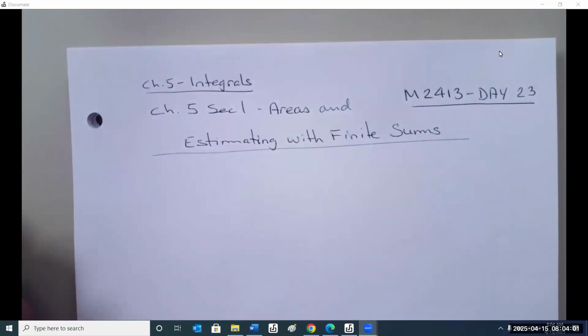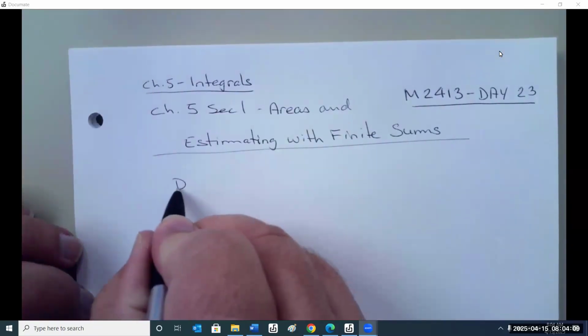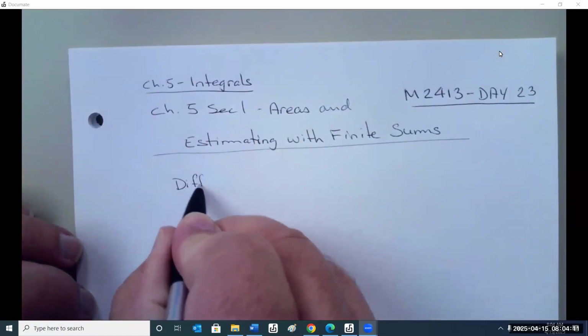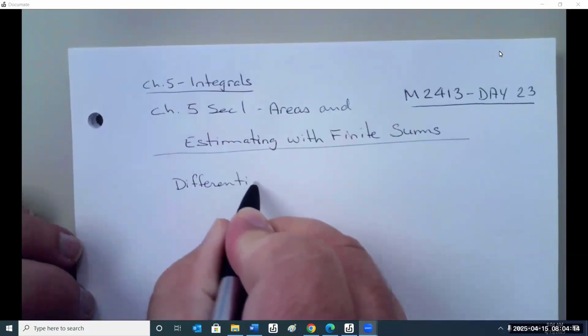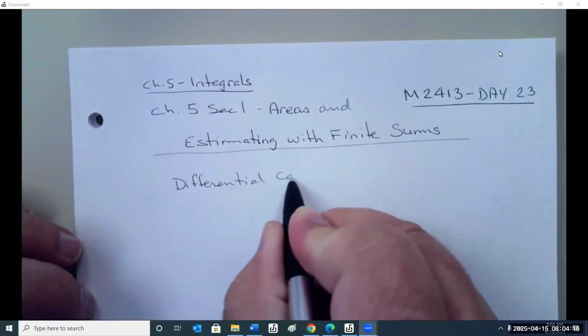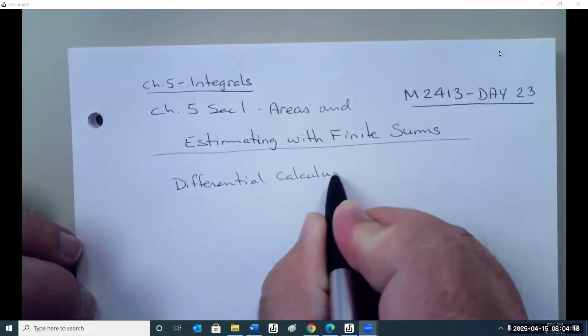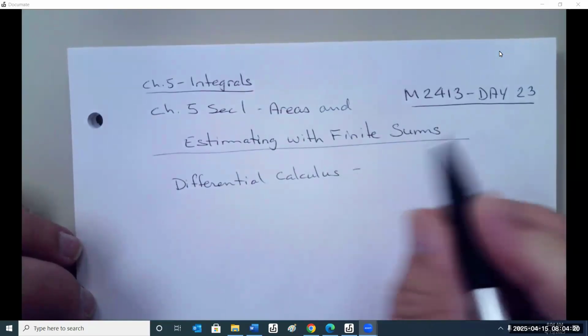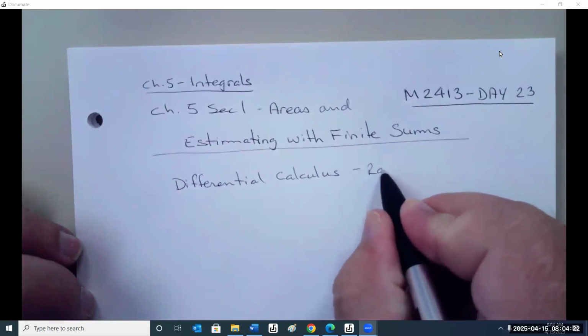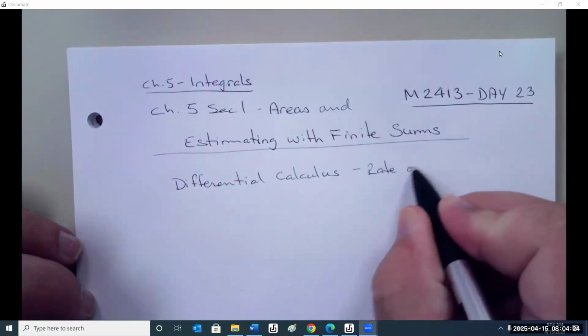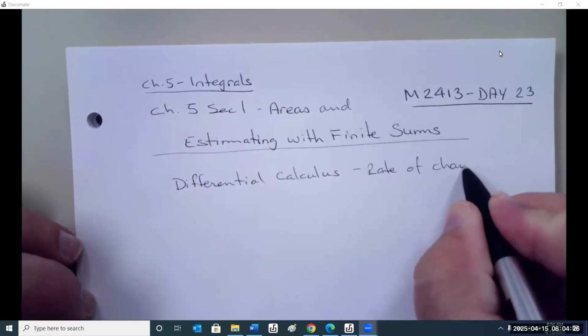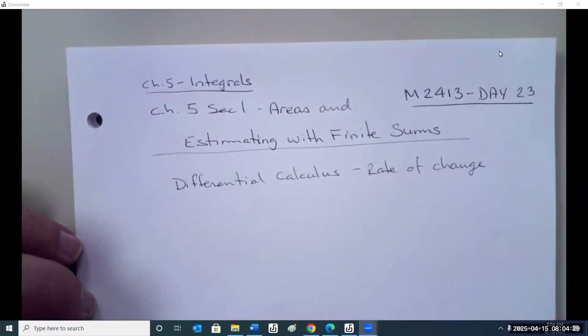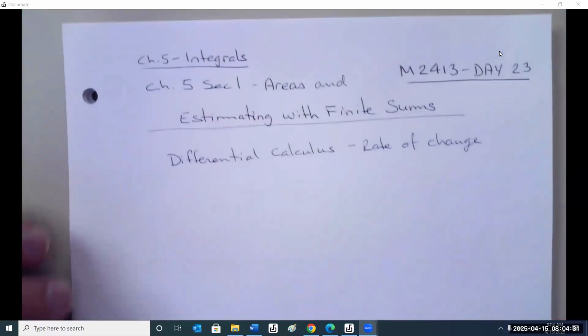What integrals deal with, we learned in the first 12, 13 weeks, derivatives, which was called differential calculus. This deals with rate of change, the slope of a curve at a given point.